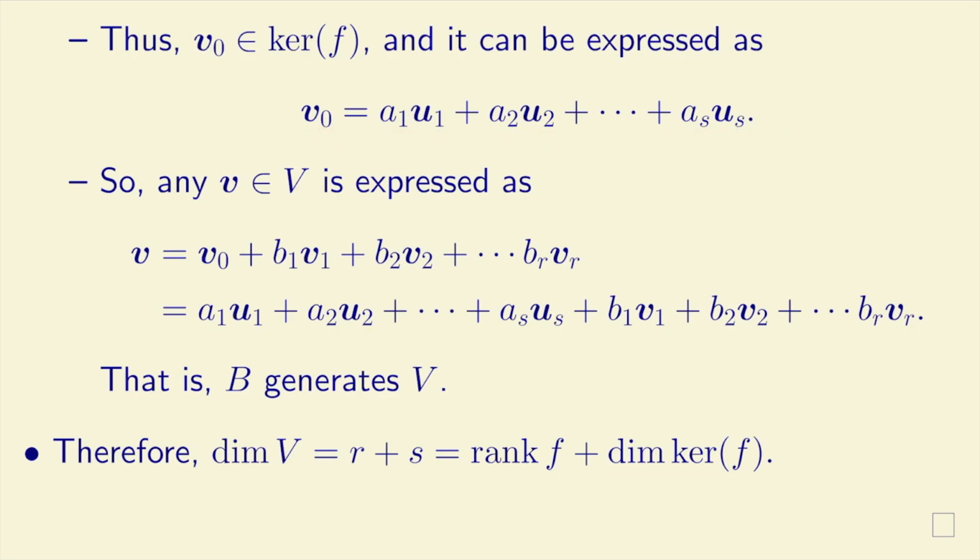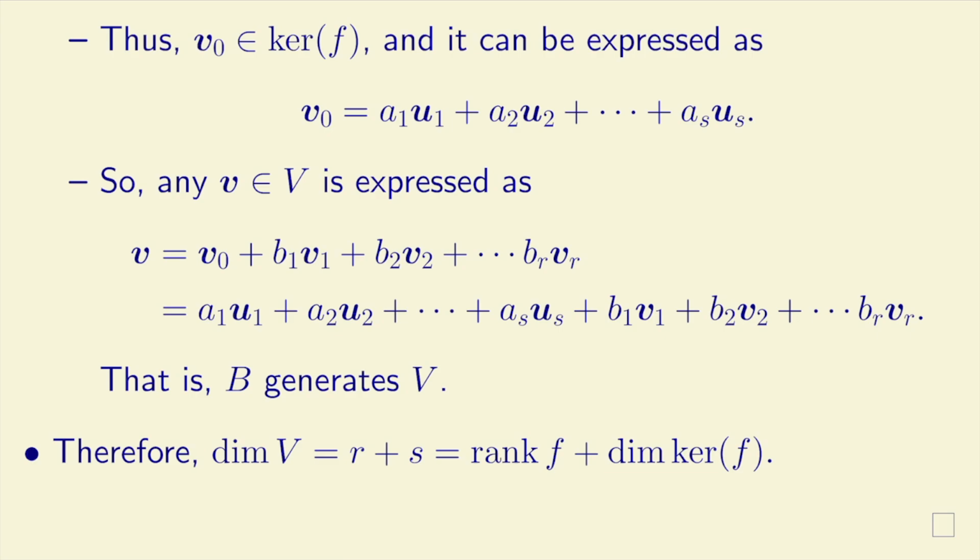Since v0 is equal to v minus (b1 v1 plus ... plus bR vR), we can rearrange it to get v is equal to v0 plus b1 v1 plus ... plus bR vR. And when we substitute the expression for v0, we see that any vector v can be written as a linear combination of the vectors in B.